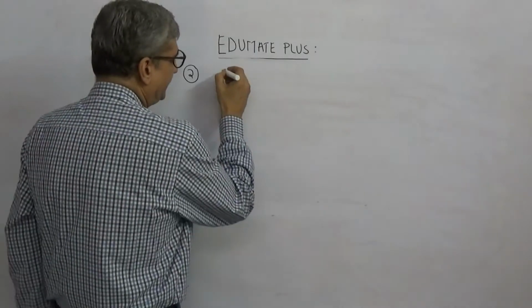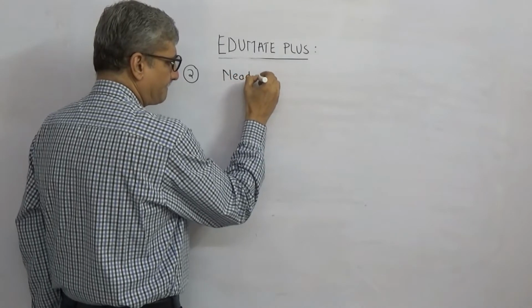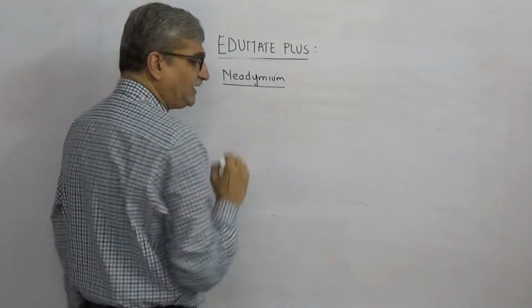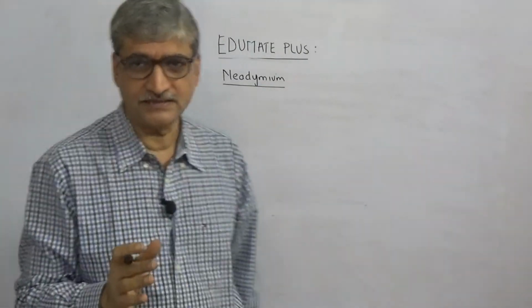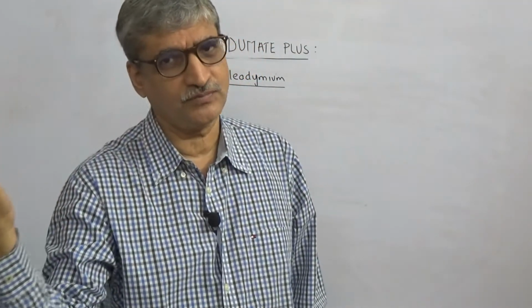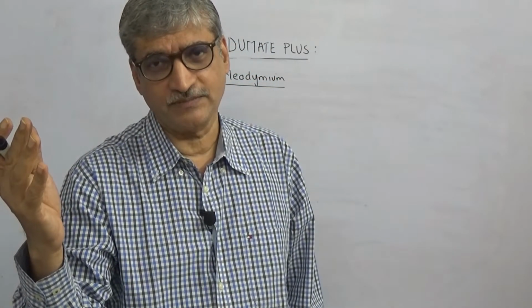The second concept that we are trying to talk about is neodymium. See, generally lanthanides' characteristic oxidation state is plus 3. Some of them show plus 2, some of them show plus 4. Those which show plus 2 like to go to the more stable oxidation state, plus 3.